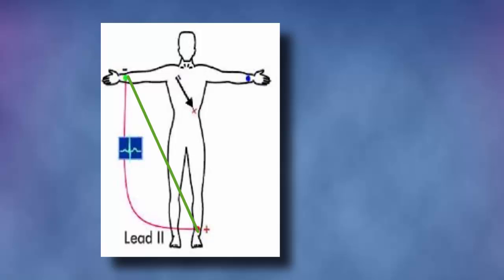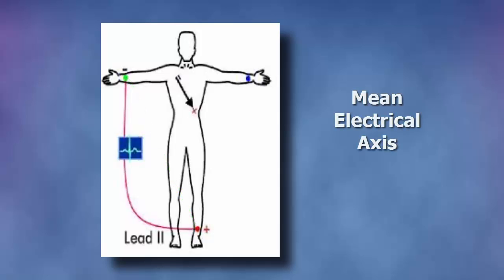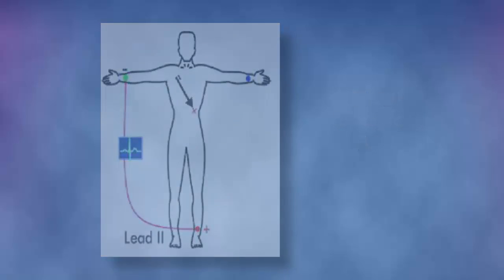A lead that runs parallel to the line of movement of the electrical activity will give us the largest deflections. And so for the majority of people, lead 2 will be the most closely parallel running lead to the line of ventricular depolarization. And it's why it's the most often referenced lead. By the way, the arrow represents the mean electrical axis of ventricular dipole.